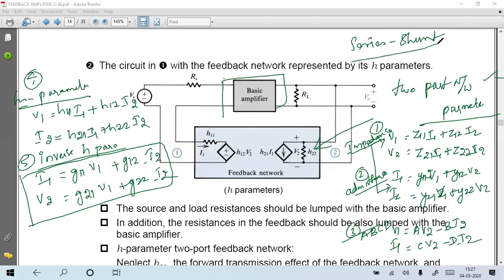That means this feedback network will correspond to any one of these networks. It may be represented with the impedance network, the admittance network, the ABCD network, or the H parameter or inverse H parameter network. How can we replace the feedback network by the relevant two port network? That we will see with one small idea.